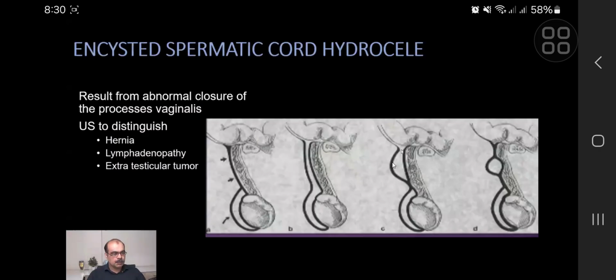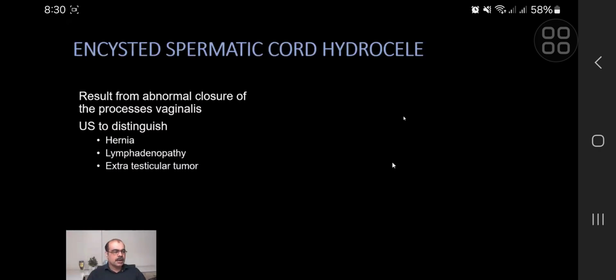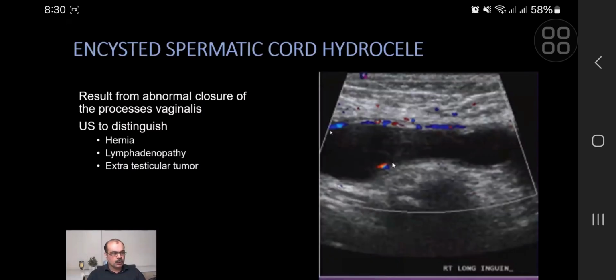This is known as the encysted spermatic cord hydrocele. On an image, you would see one cystic area involving the inguinal canal, which can extend all the way from the scrotum up to the deep inguinal ring region.